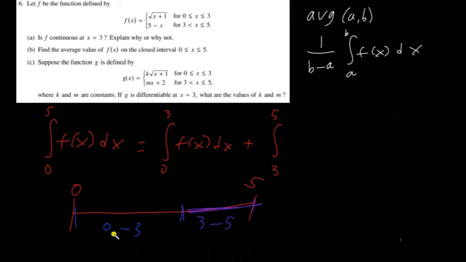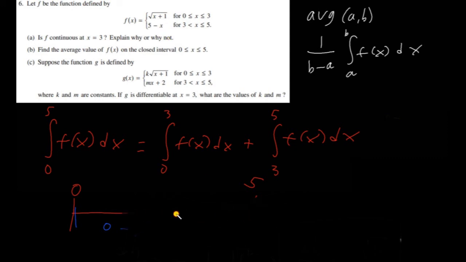We'll find each integral separately, and add these two together to get our answer. We split it up into two different integrals, and now the nice thing is for the left integral, we know to use this top function, and for the right integral, we know to use the bottom function.